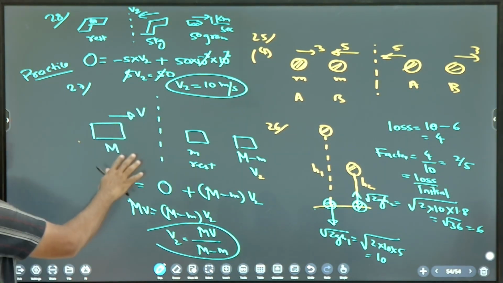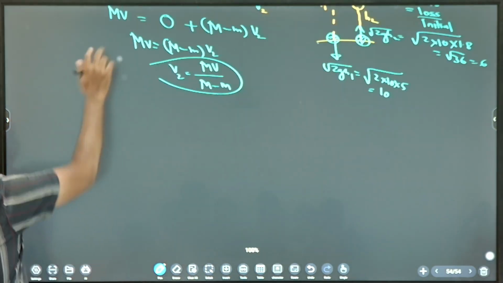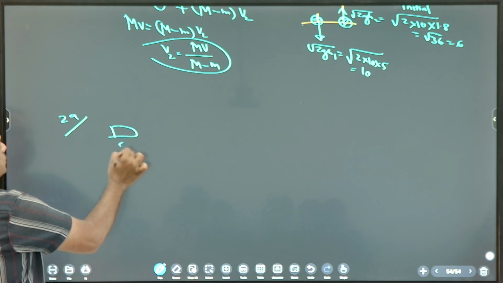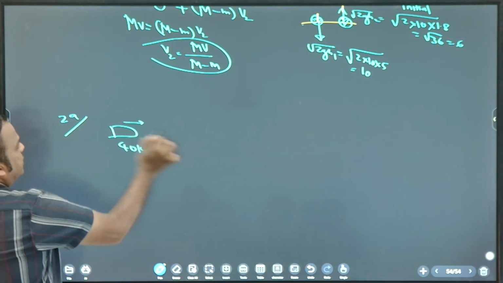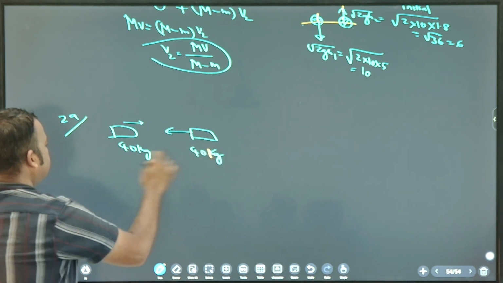Okay, so next 28, 29. Two bodies having the same mass 40 kg moving in opposite directions. So one is going right side and the other going left side. Mass is the same, 40 kg.